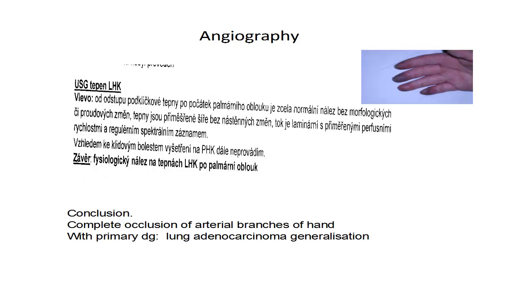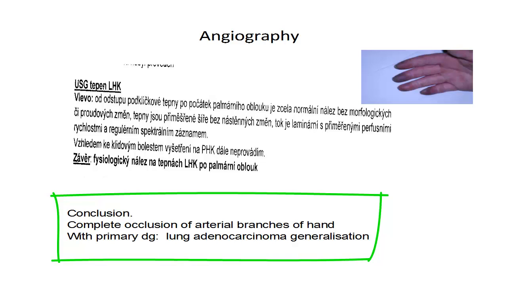The finger arteries are very difficult to visualize, and arteries above wrist were completely normal. An angiography examination finally proved bilateral complete occlusion of arteries in hand, except both thumbs.